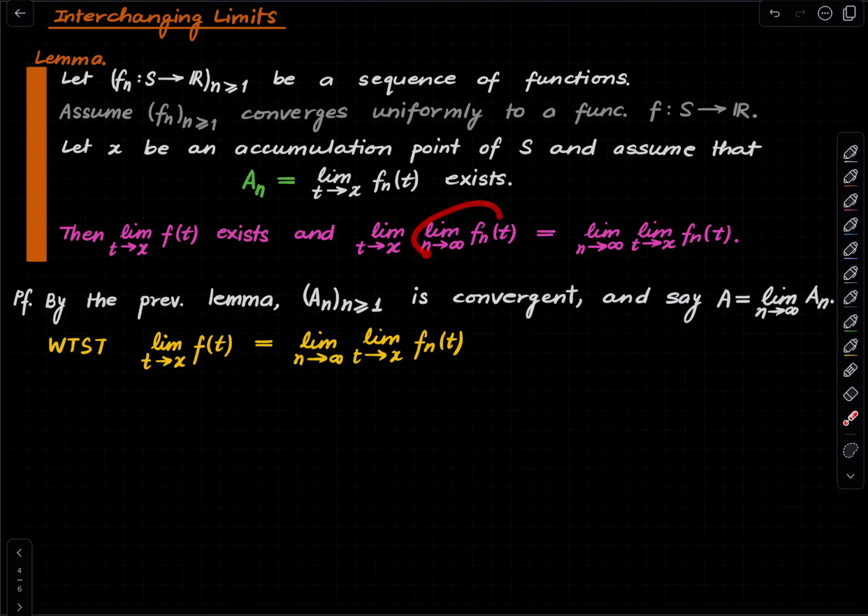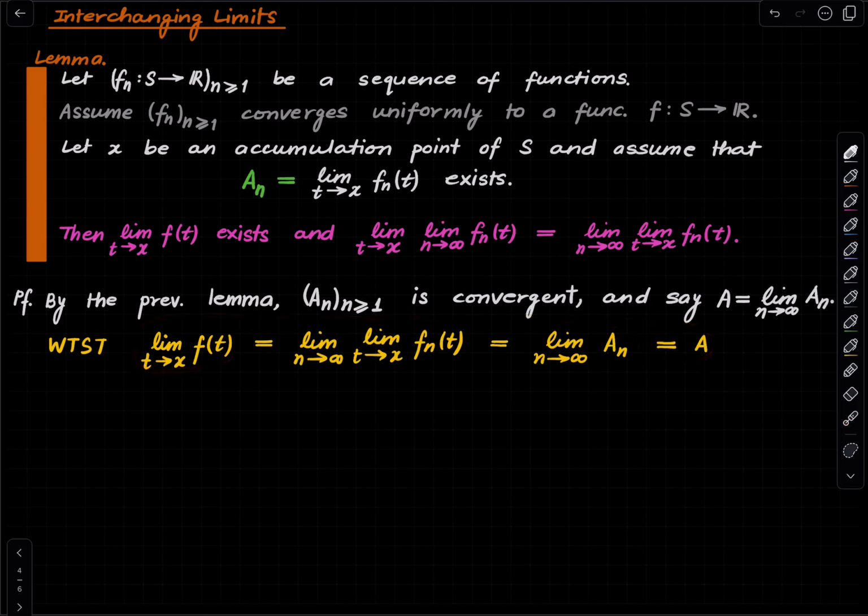As I said, this is nothing but f of t, so this left side is precisely that left side. And what is this? This is capital A_n, which by definition of capital A is equal to capital A. Upshot is we want to prove this equality.